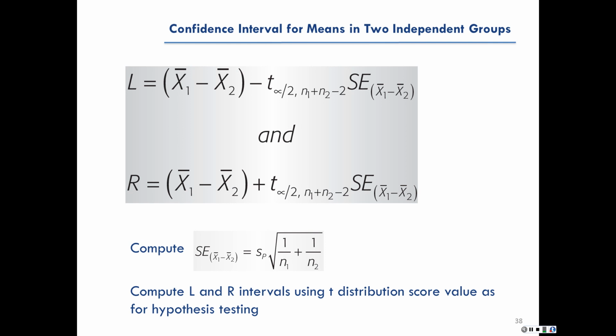The difference now is that the degrees of freedom will be based on the two groups' sample sizes minus 2. And then lastly, you multiply it by the standard error.